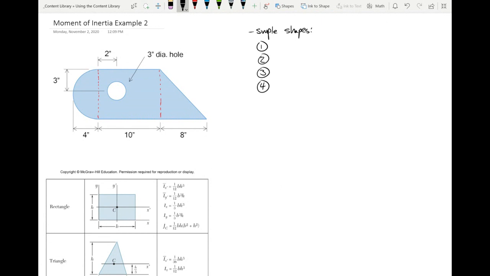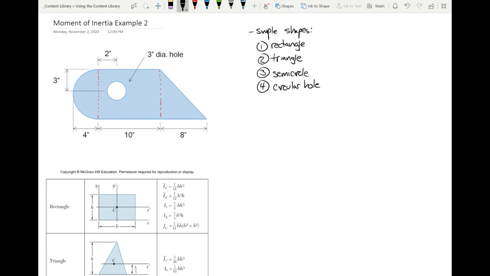Okay, so shape 1, and let's number these in order of increasing complexity. So the first one we'll just say is the rectangle. And then maybe we'll say this is the triangle. This is the semicircle, and this is the circular hole.